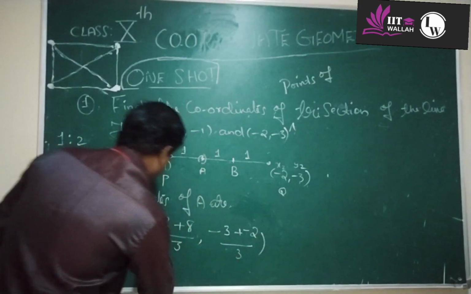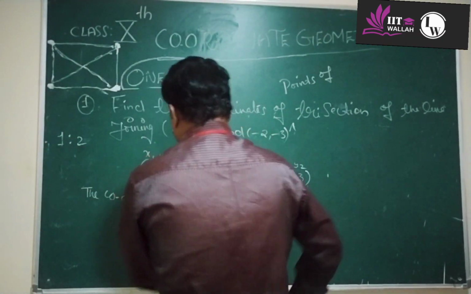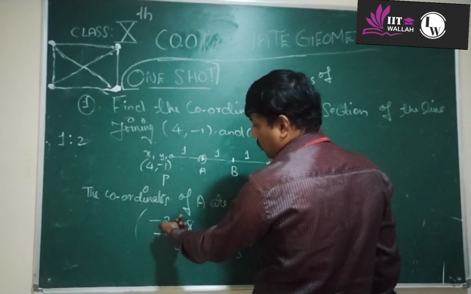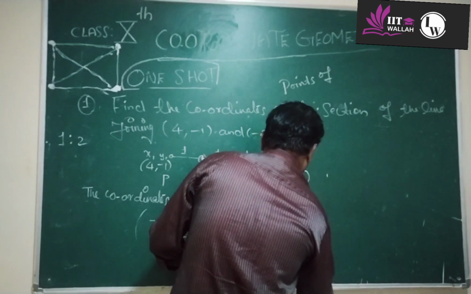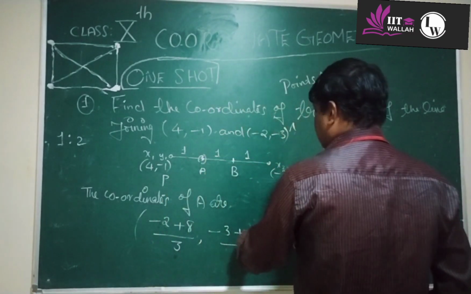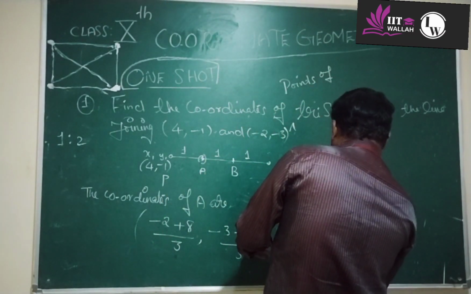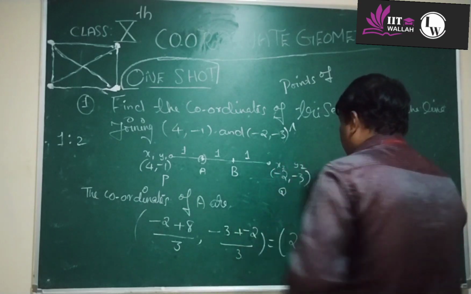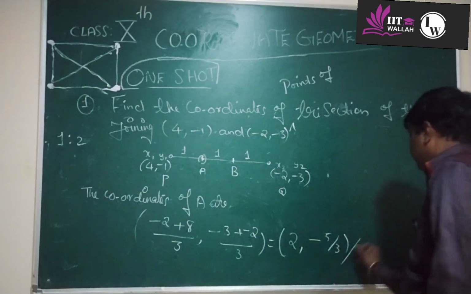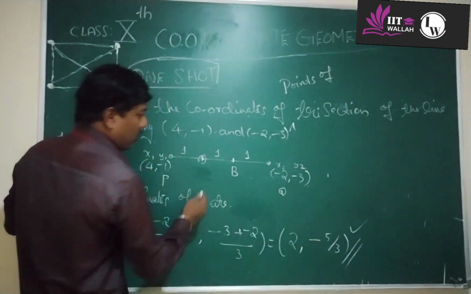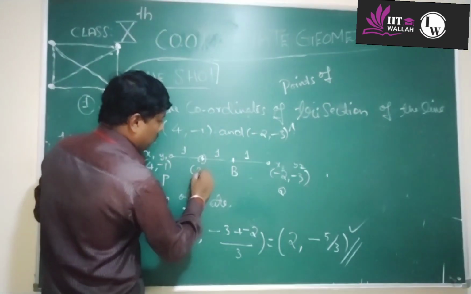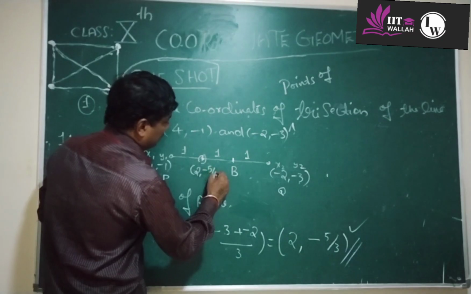These are the coordinates. That means 8 minus 2 is 6, 6 upon 3 is 2, comma, minus 3 plus minus 2 is minus 5, minus 5 upon 3. These are the coordinates of this point. So we got the coordinates of this point: 2 and minus 5 upon 3.